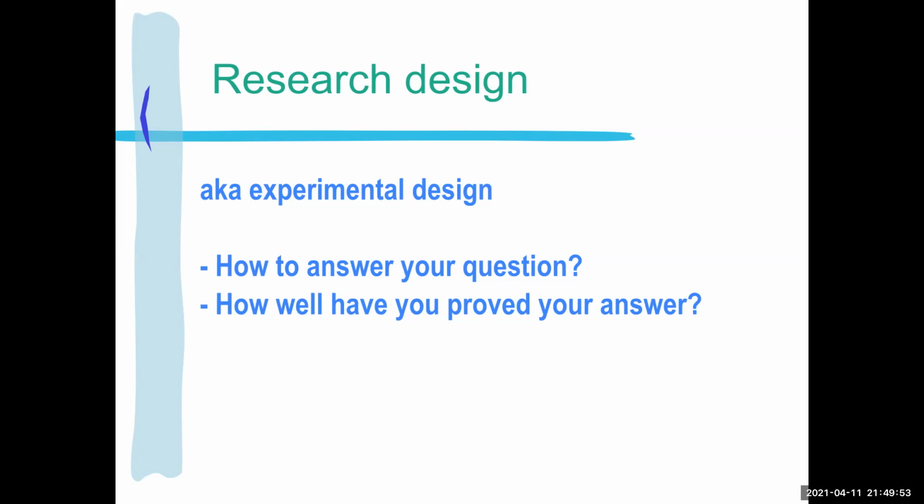And how well have you proved your answer is, have you done enough controls to satisfy the reviewers, basically, and everyone else? Anybody that you show this to, are they like, yeah, you've proved this? Or are they like, no, I'm not so sure you proved it yet? By anybody, I mean other scientists in the field who understand what you're doing.